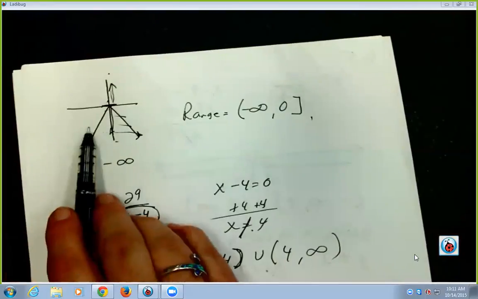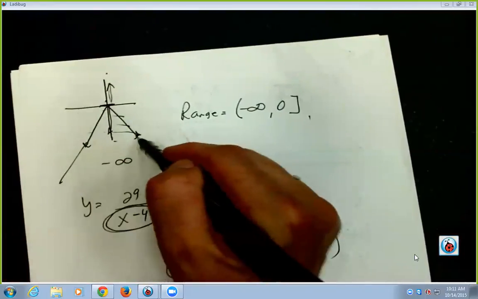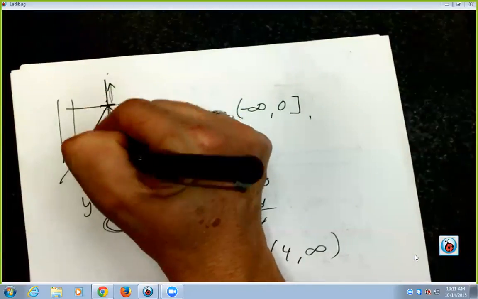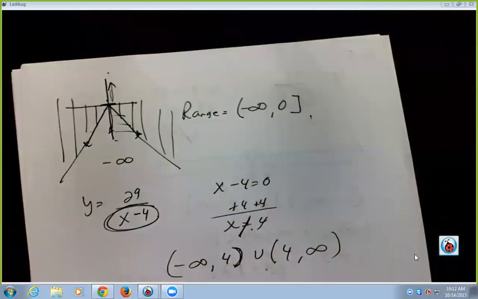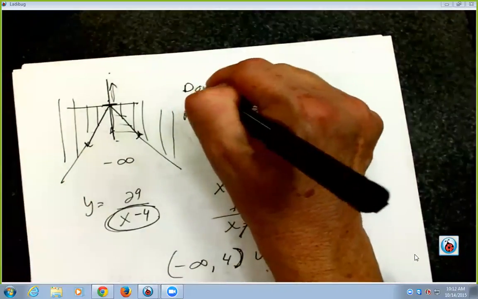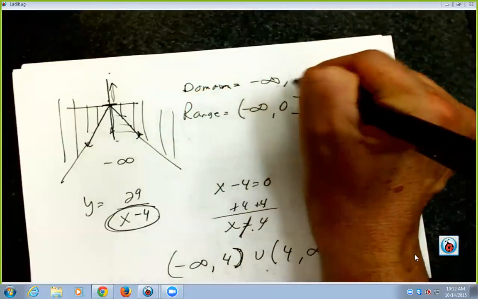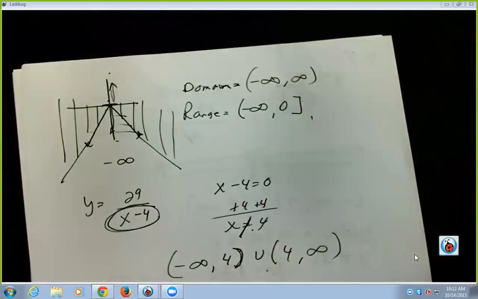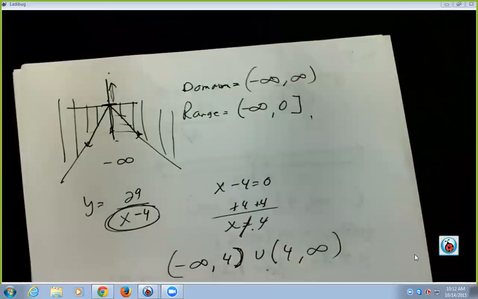So to finish this one up here, I need domain. Since these go on indefinitely, every time I walk along X, I'm going to hit something all the way down. So there's always going to be something in there, so my domain on this one is going to be from negative infinity to positive infinity because it doesn't stop. Okay, so again, domain is X's, range is Y's.